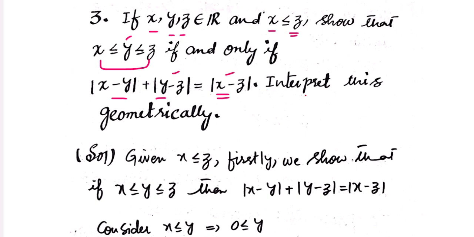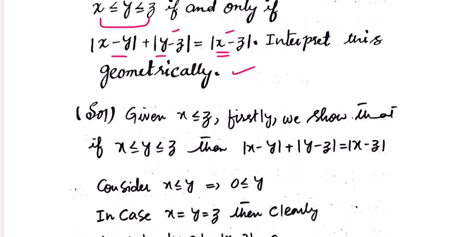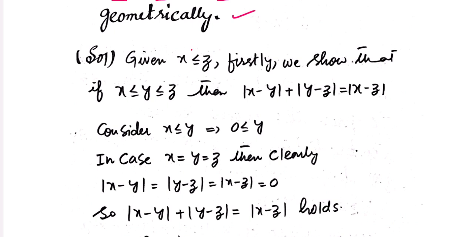And it also says to interpret the result geometrically. Okay. It is given that x is less than or equal to z. Firstly, we show that this relation holds, then this equality holds.